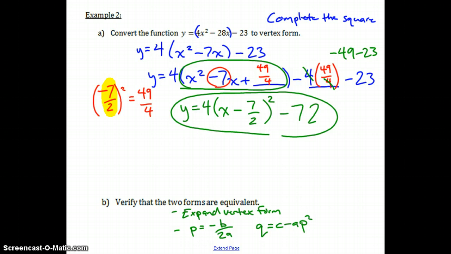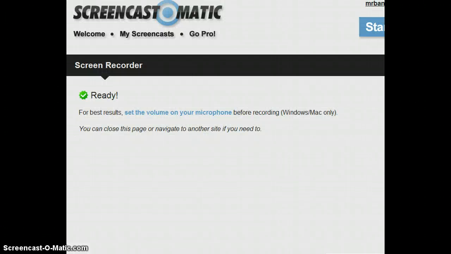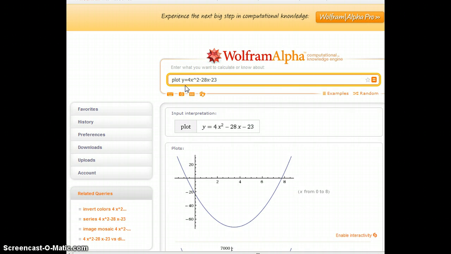The way I did it, I graphed both of these to see if the graphs match. On the internet here, I graphed y equals 4x squared minus 28x minus 23, and I got this graph here. It has an x-intercept over here of about, I think this looks like 1 for every 2 ticks, so it's like 0.75 and a little more than 7.